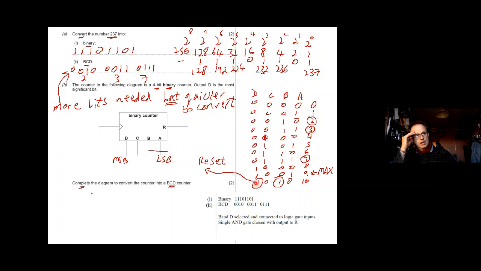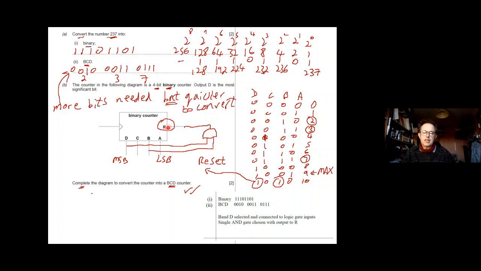So if you remember that a D and a B will go to 1s, I'm going to take 2 lines from the B and D, 2 1s, and I'm going to reset. Notice that is resetting with a 1. If there's a little circle next door to that, that's resetting with a 0. In this case, I'm going to reset with a 1, so I'm using an AND gate. 2 1s will give me a 1. Boom, resets. It resets with a 1.